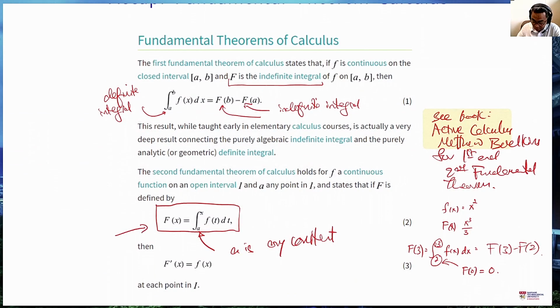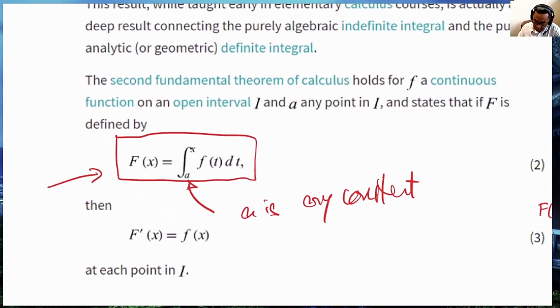We are looking at this second fundamental theorem of calculus, where the integral from a to x of f of t dt is equal to f of x. And what we are going to do is, you realize that this definite integral becomes a function capital F of x.